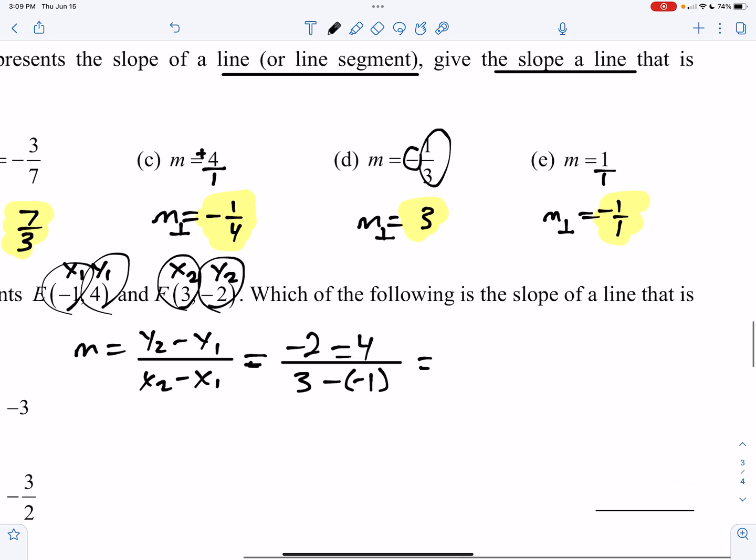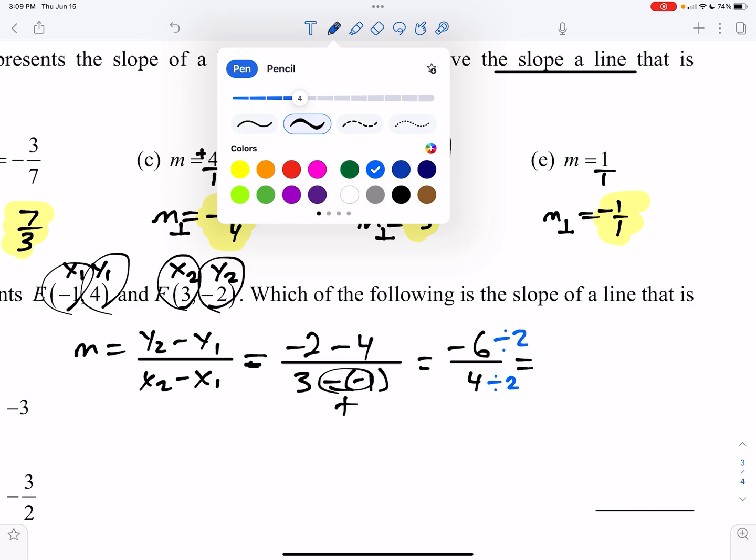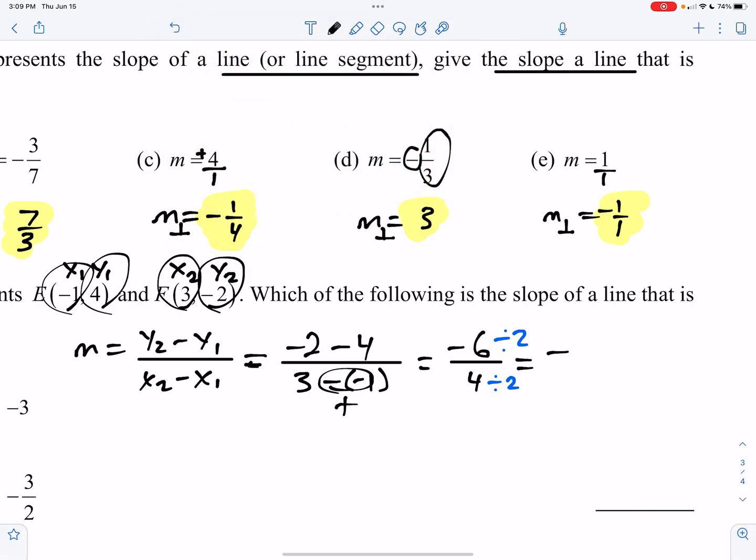So -2 minus 4 is -6, over 3 minus a negative is 3 plus 1, or 4. Well, we get to divide top and bottom by 2, because that's the largest number that goes into both, and we get -3/2 is your slope.